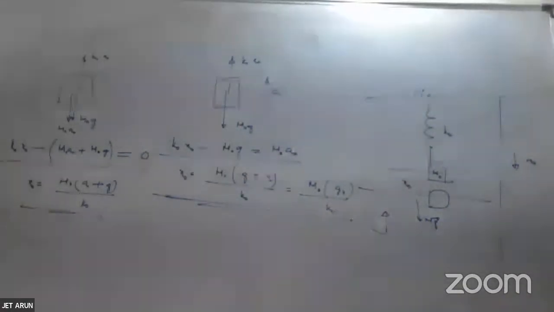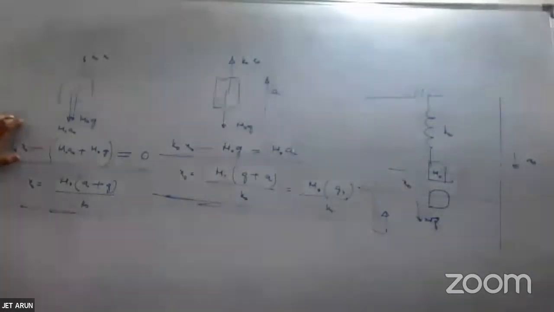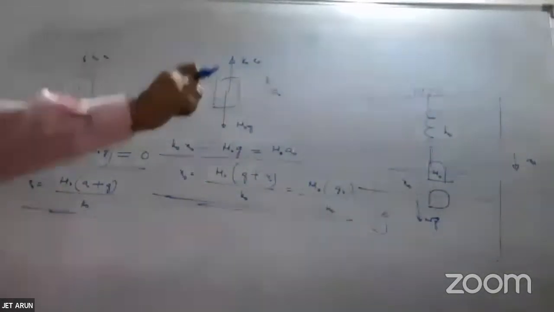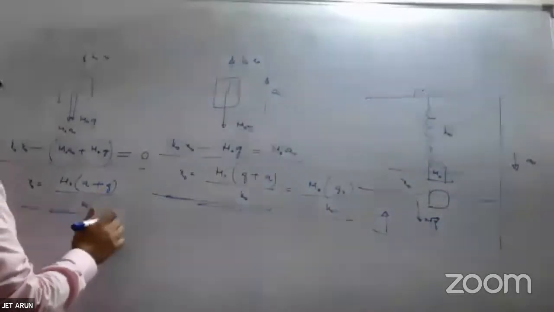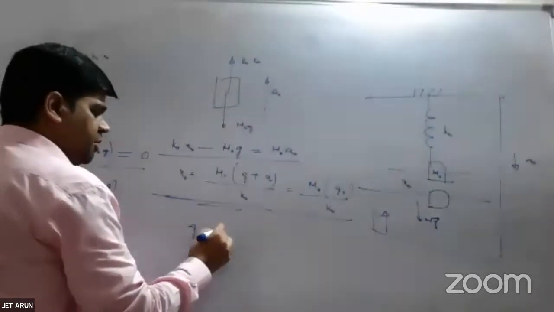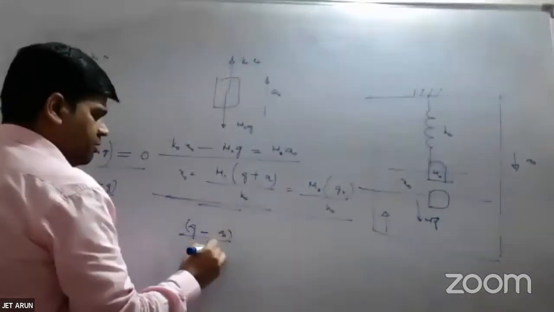Lift reference. Okay. So X naught equals M naught into G minus A by K naught. Perfect, that's absolutely right. So G effective is now G minus A naught.